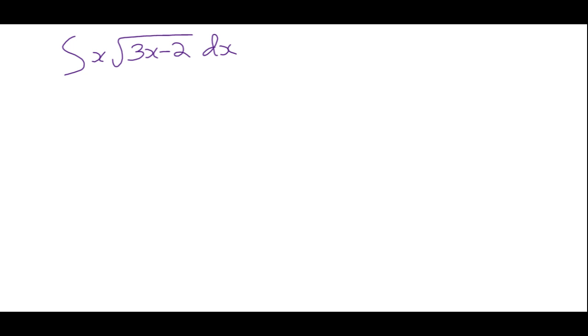So again, this has a binomial radicand, 3x minus 2. So that's what u is going to be, right? We want to get a monomial radicand. So u is equal to 3x minus 2. What's du equal to? 3 dx. What's dx equal to? 1/3 du, right?